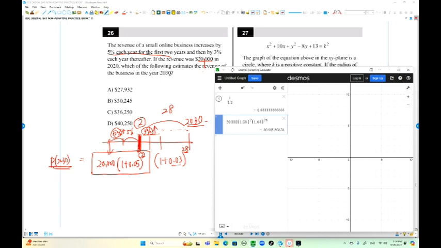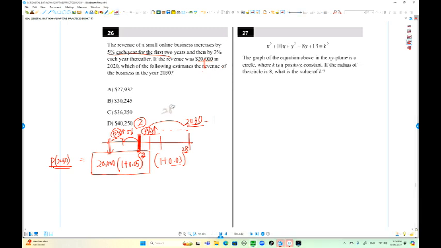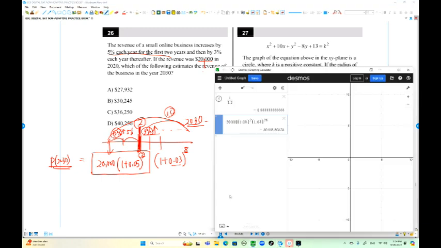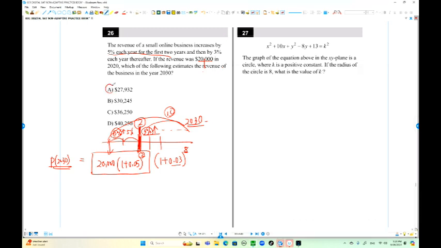Oh, that 2000. Oh my God. 2022 to 2031, only a 10-year difference, right? I did it wrong. 10-year difference from the beginning. So 2 years are already gone, so 10 minus 2 is 8. Okay, sorry about that. So it's going to be 8, right? All right. So 27,932. Okay, so option A is this.